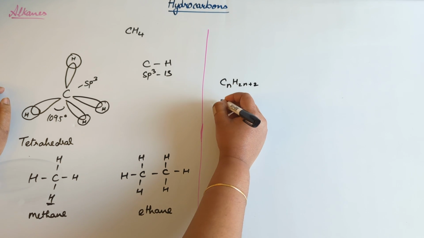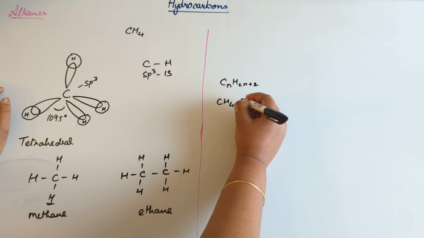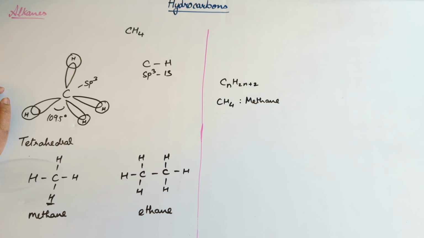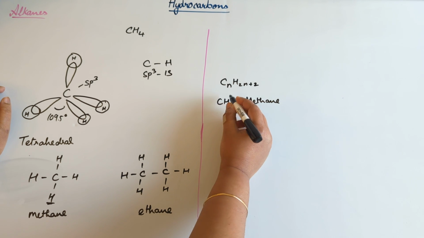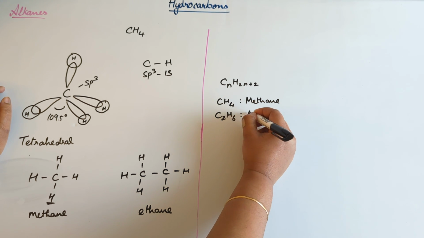Let's start with the first one. When n is 1, it is CH, 2 ones are 2, plus 2 is 4: CH4, which is methane. Next, let's replace n with 2. C2H, 2 2s are 4, plus 2 is 6. This is ethane.